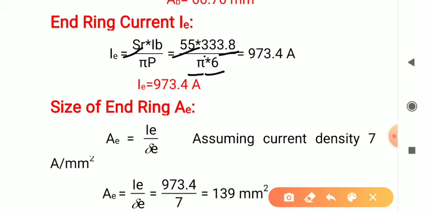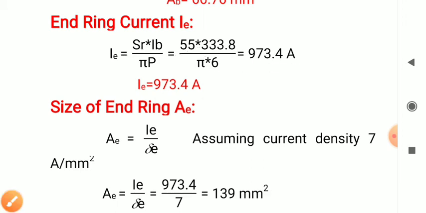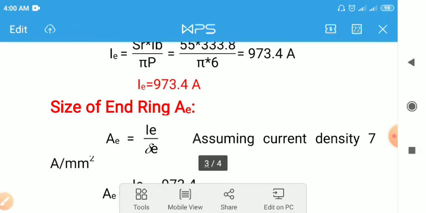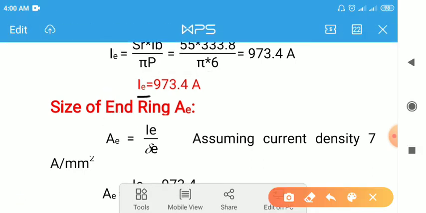By simply inserting these values in the equation of IE, we get 973.4 ampere. So the current in the end ring is 973.4 amperes.